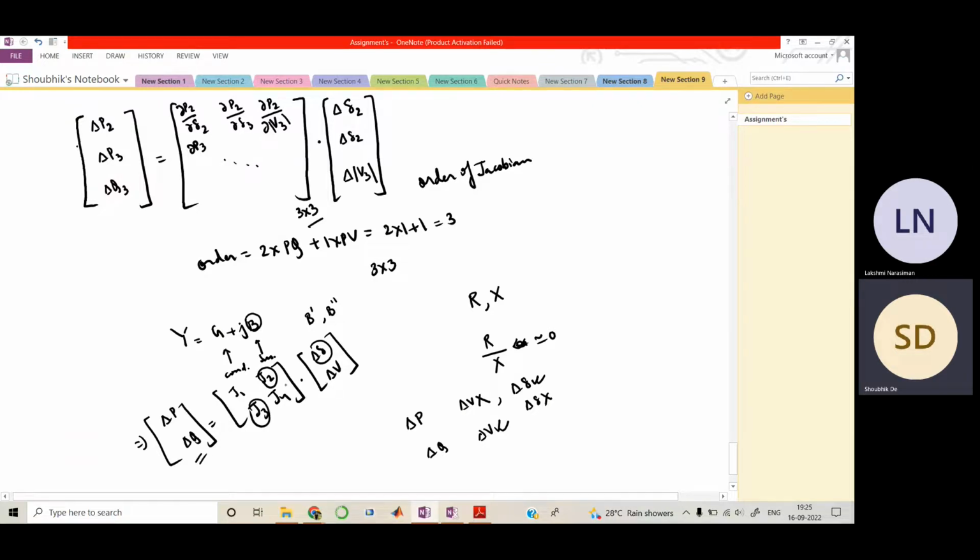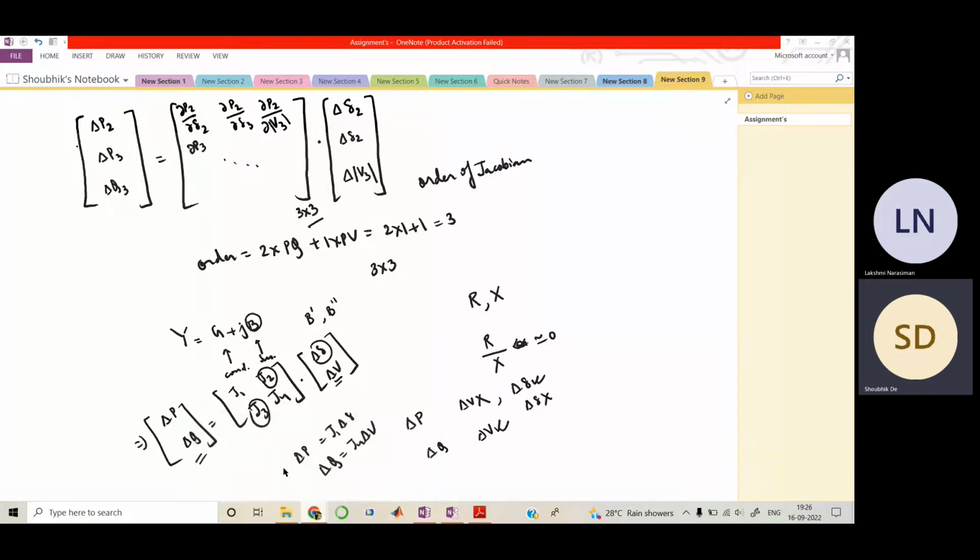Similarly, Q depends only on del V, so these values would be 0. So delta P would be only J1 del delta, and delta Q would be J4 del V.